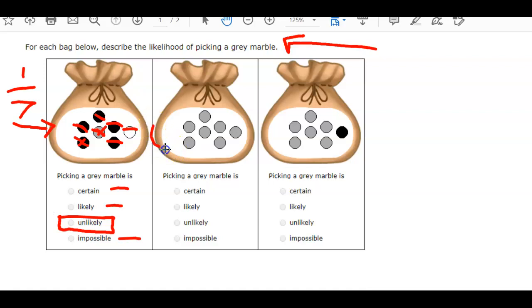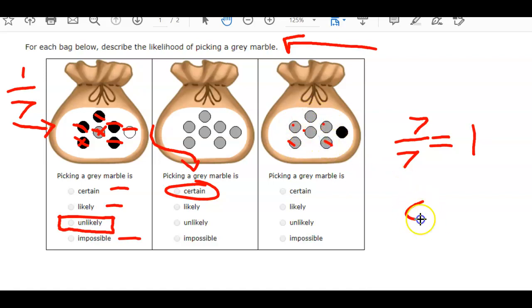I'd say it's probably unlikely that we're going to get a gray one out of the 7. Okay, picking a gray marble is certain, likely, unlikely, or impossible. Well, there's 7 gray marbles, and there's 7 altogether, so that's going to be 1 over 1. That's the same as 100%. So we are certain to pick a gray marble. Okay, let's look at the last one here. Picking a gray marble. Again, there's 1, 2, 3, 4, 5, 6 gray marbles.